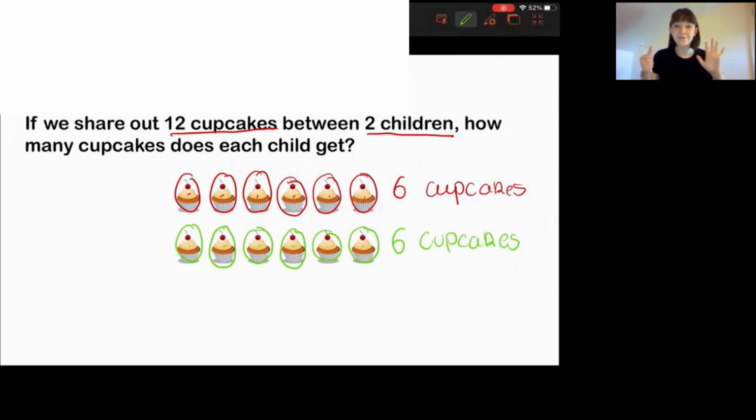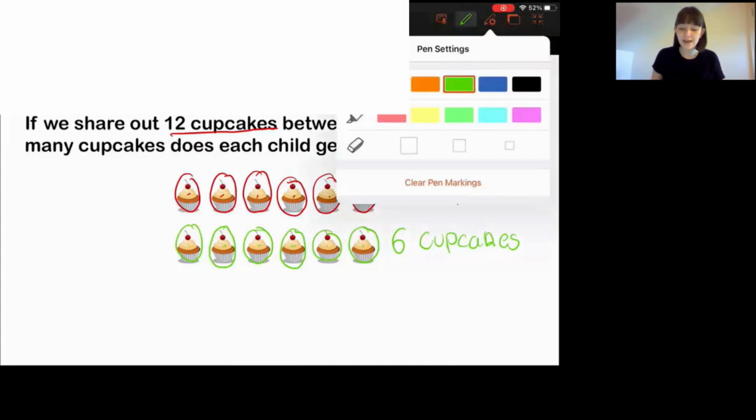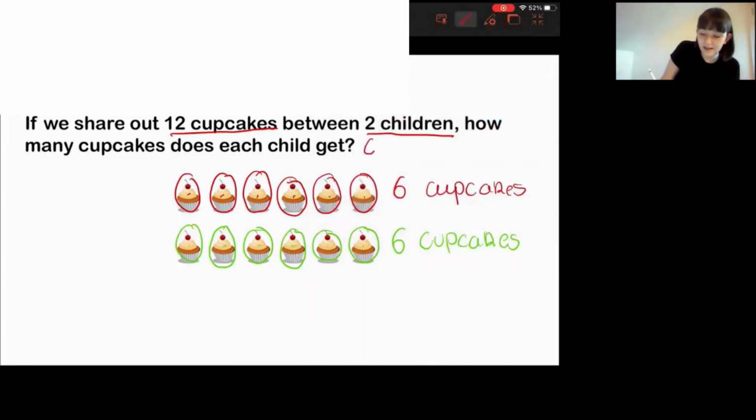We've got 6 in group 1, 6 in group 2. So if we have 2 children, our first child gets group 1, our second child gets group 2. Each child must get 6 cupcakes. If we share 12 cupcakes between 2 groups, between 2 children, each of them gets 6.